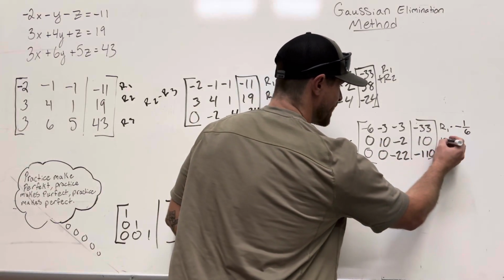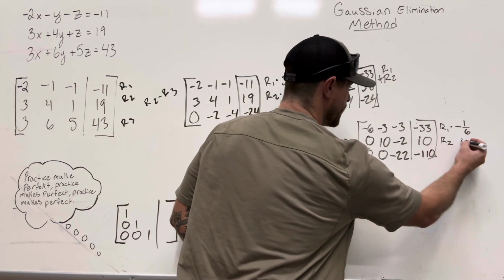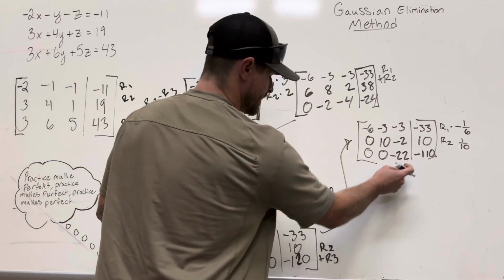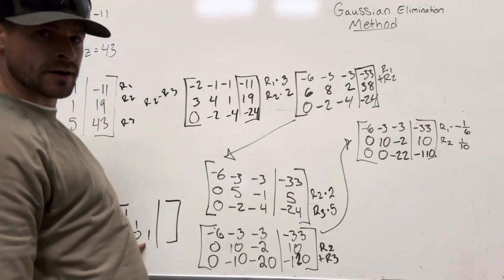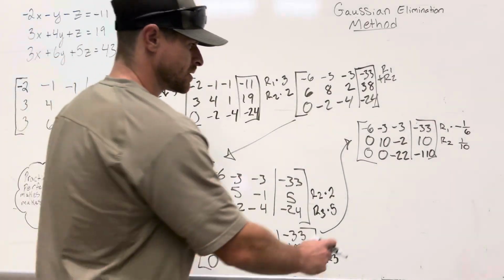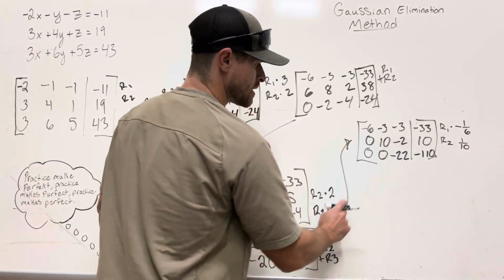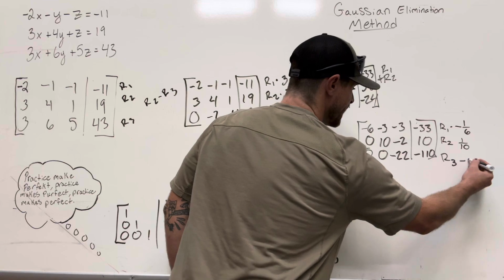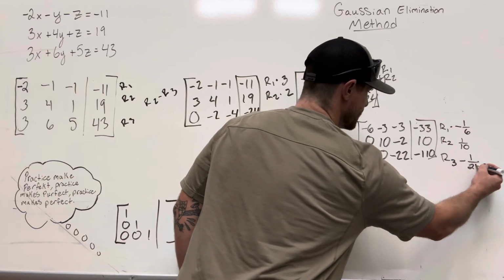So I'm gonna multiply that second row by 1/10. And then -22 is in the third row, that's where the 1 is over here, right? Remember, I'm trying to get a 1 diagonally going up the matrix. So that's why I'm going for these three numbers. -22, I'm gonna take row 3, I'm gonna multiply it by -1/22.